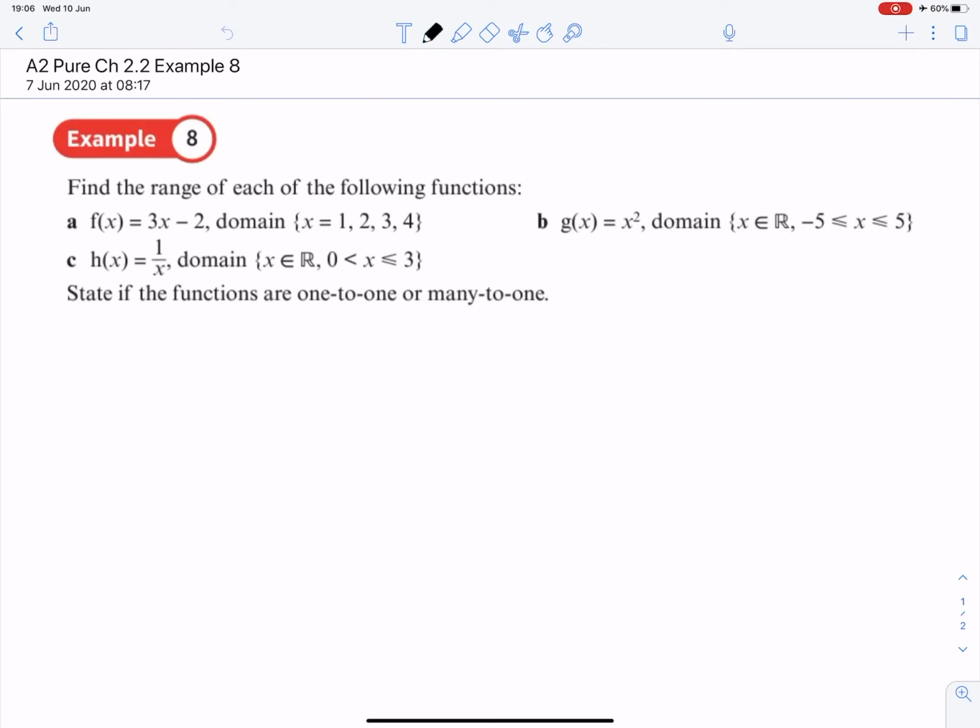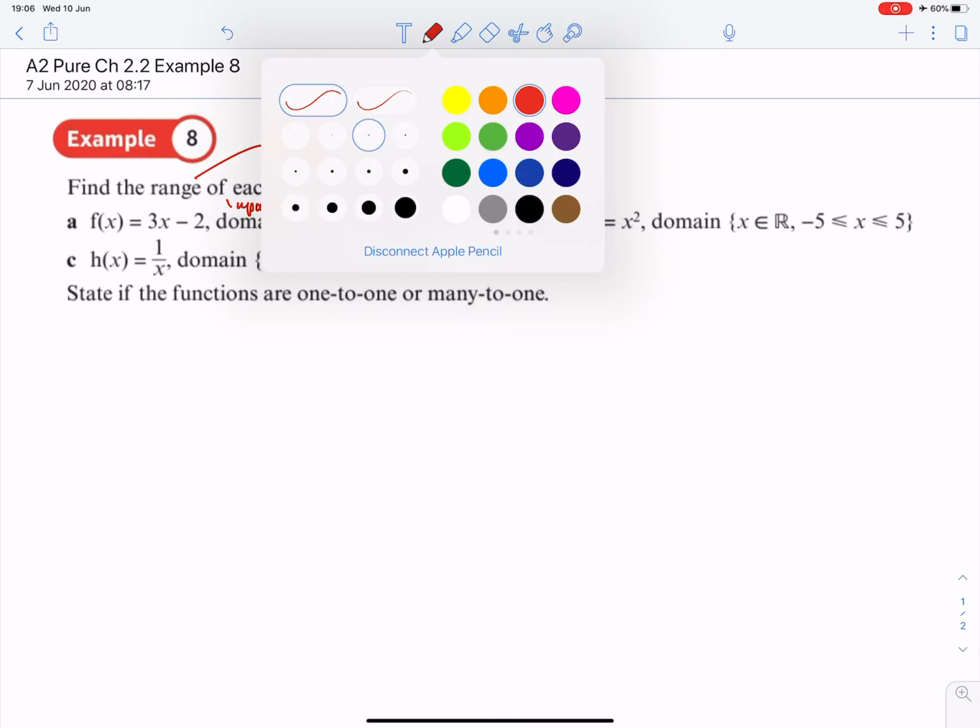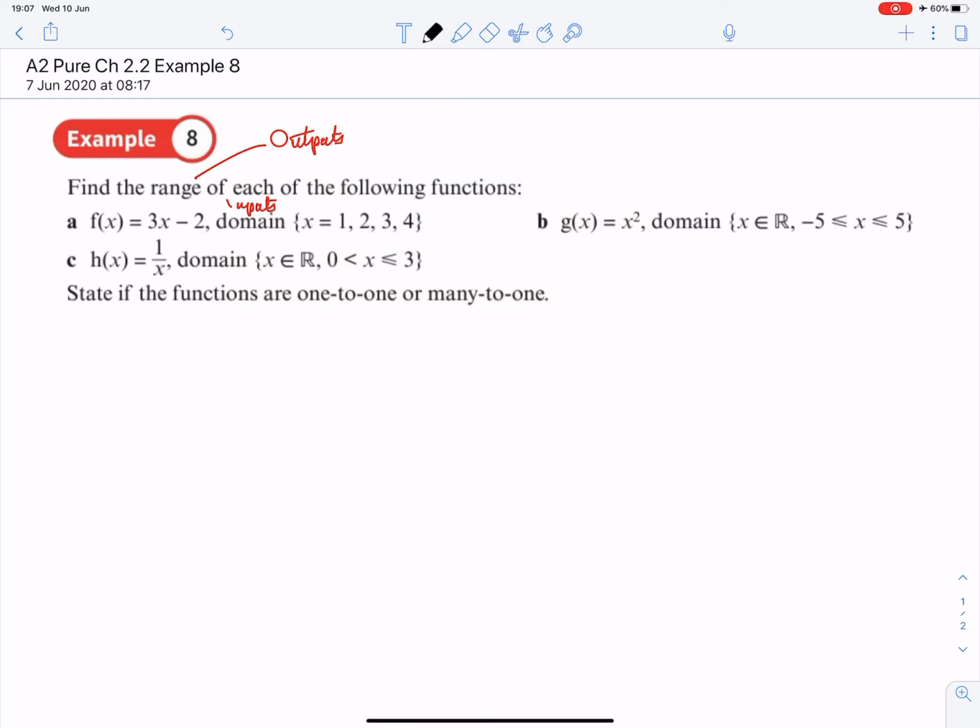And we've got to remember that the domain is the inputs and the range are the outputs. That's what we're looking for. So, if you think of these as mappings, we've got 1, 2, 3 and 4 going in.